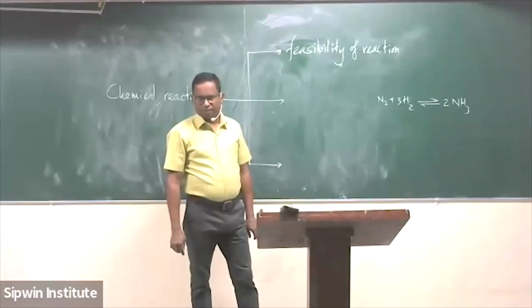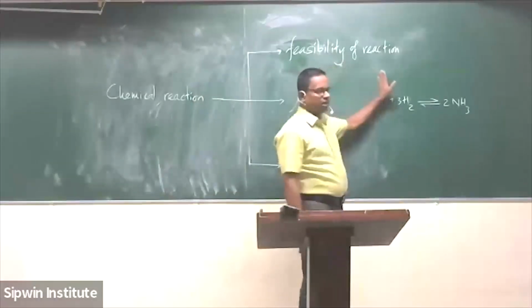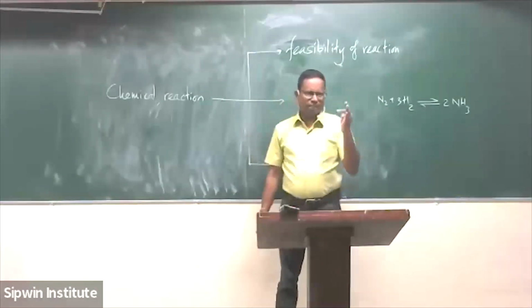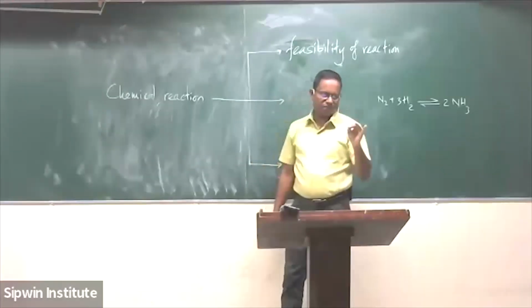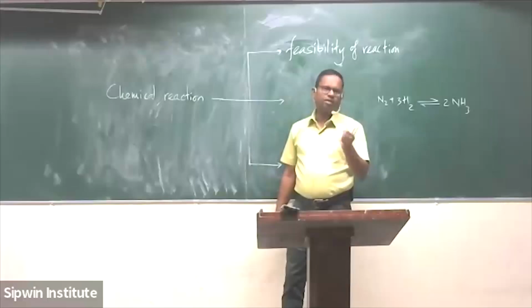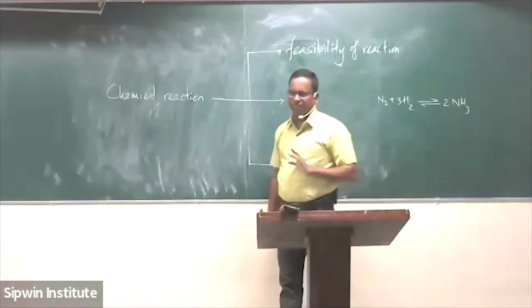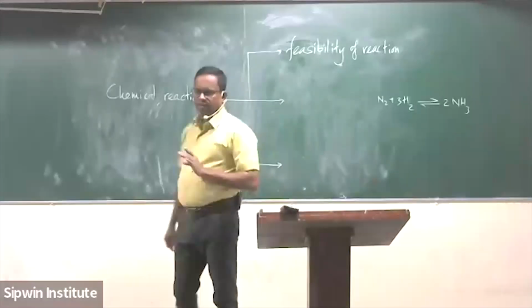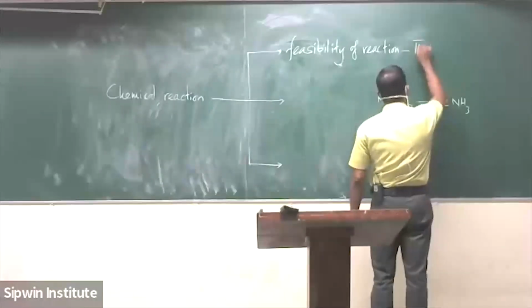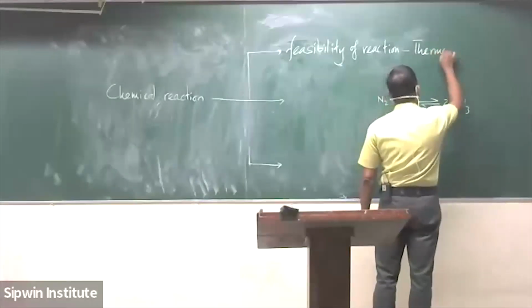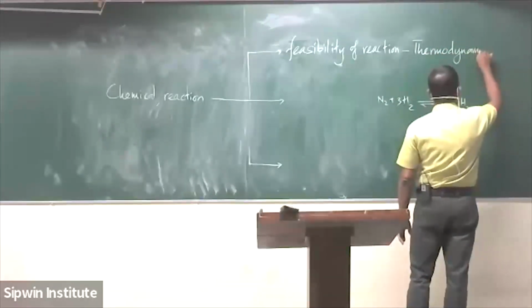So the feasibility of the reaction, we earlier learned how to decide that one. In energetics or thermodynamics, we had the idea using delta G, delta H, delta S. Using those, we can decide whether it is possible to happen under the given conditions of temperature, pressure. So we study this one under thermodynamics, if not energetics.